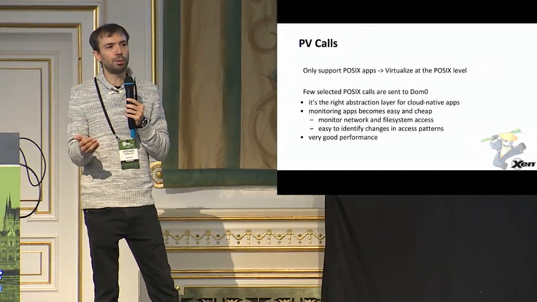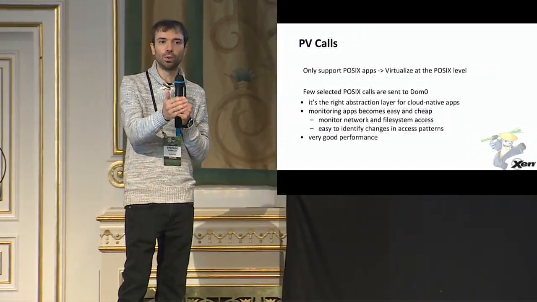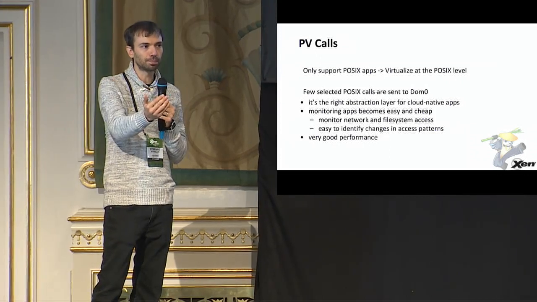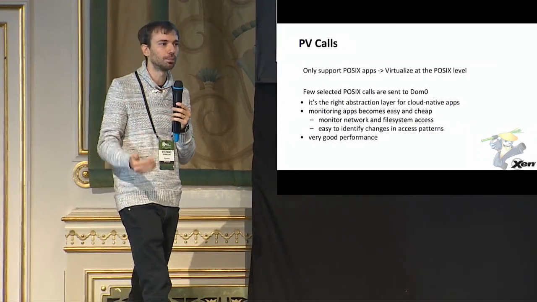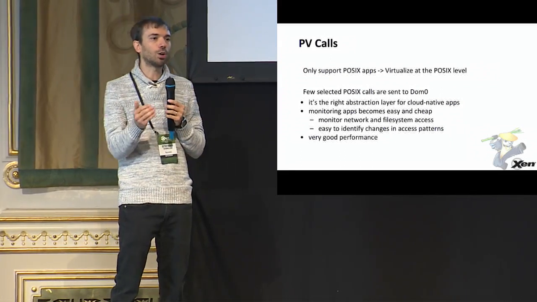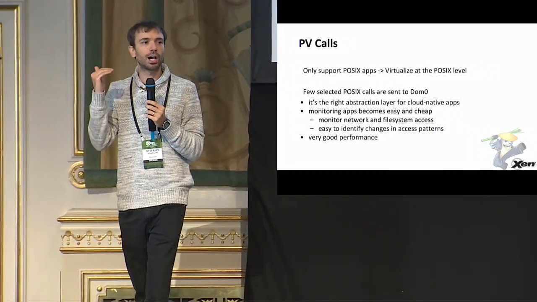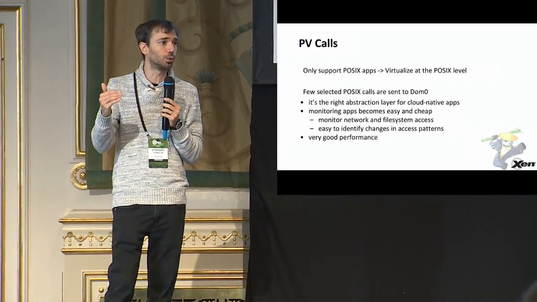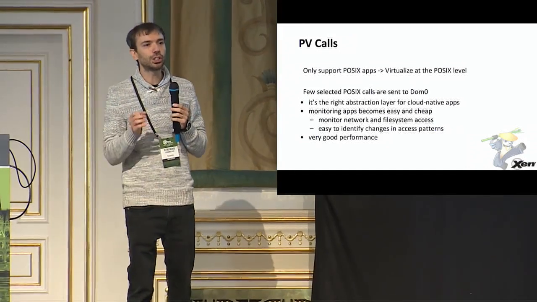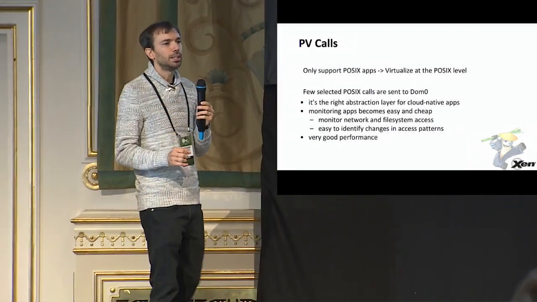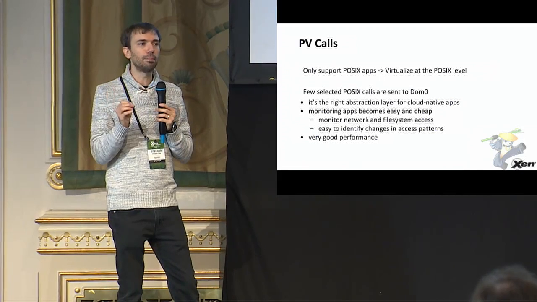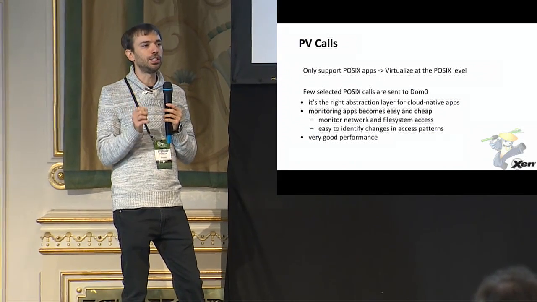And what you can do with PV calls, for example, is to forward all networking calls from your guest to your host. As a consequence, now you work at a much higher level interface. It's actually much easier to virtualize. But one interesting point about this is that monitoring the VM becomes much easier.